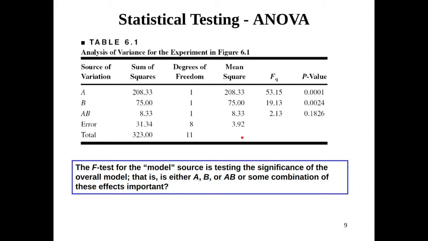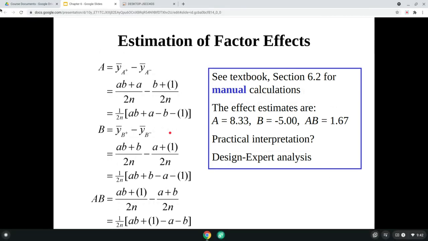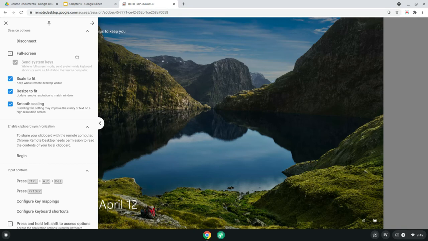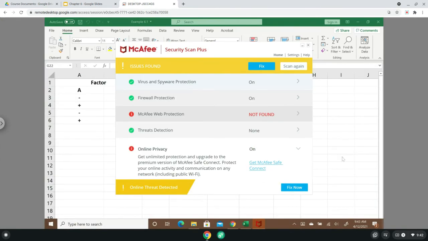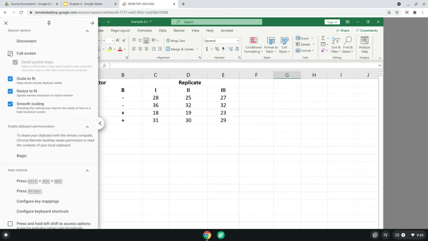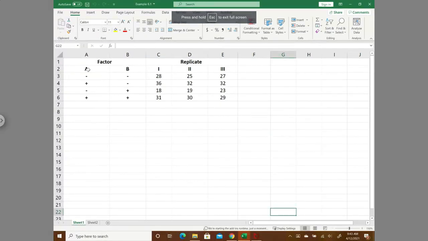So let's do this analysis right from here in Excel. I have already entered the data in Excel. So this is what I got. Let's see if I can make it full screen. Okay, so here we are.